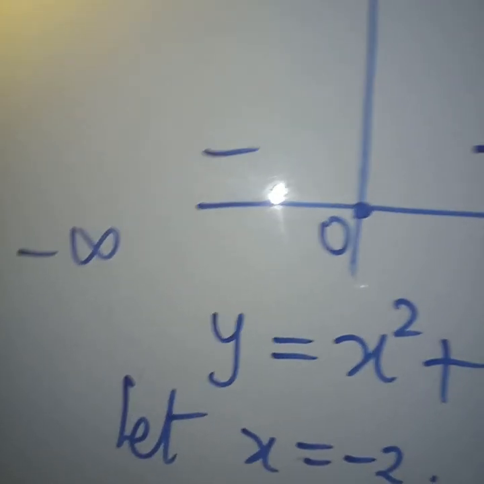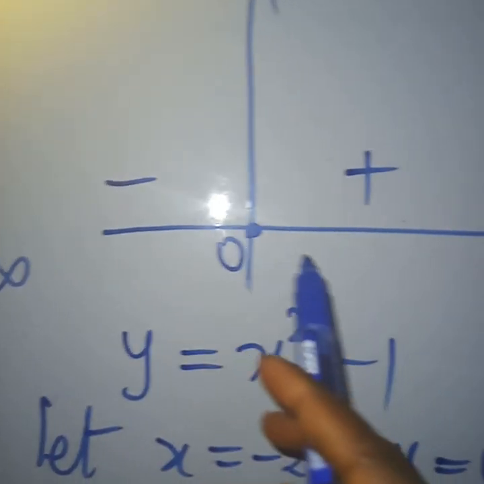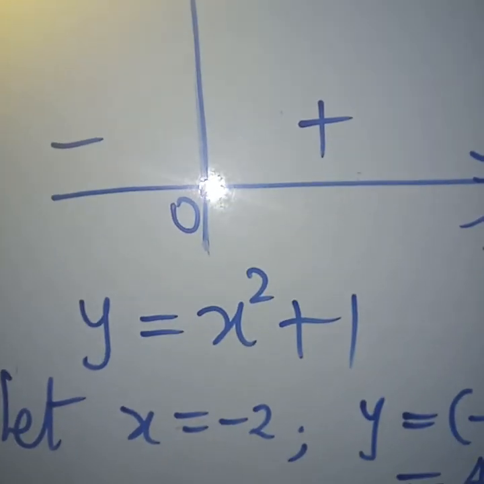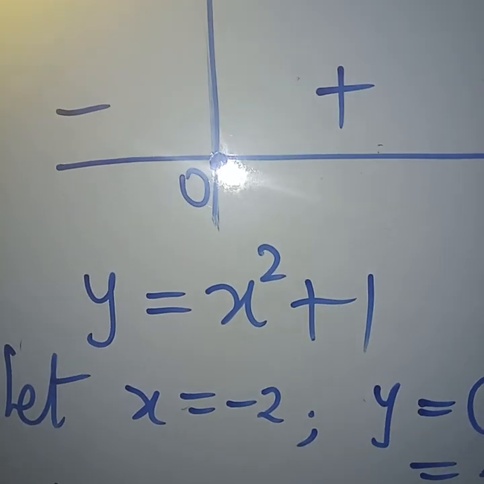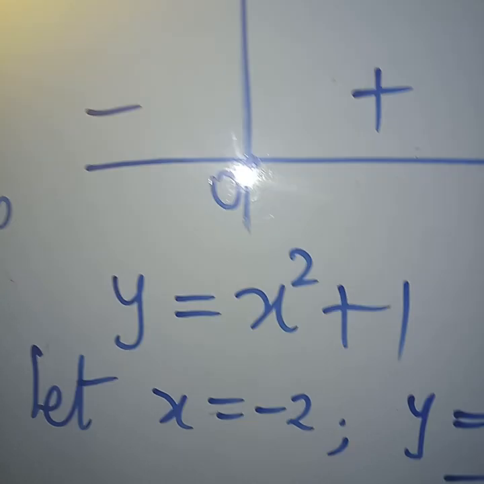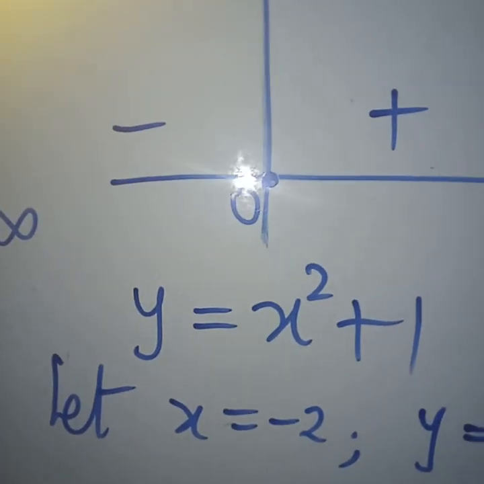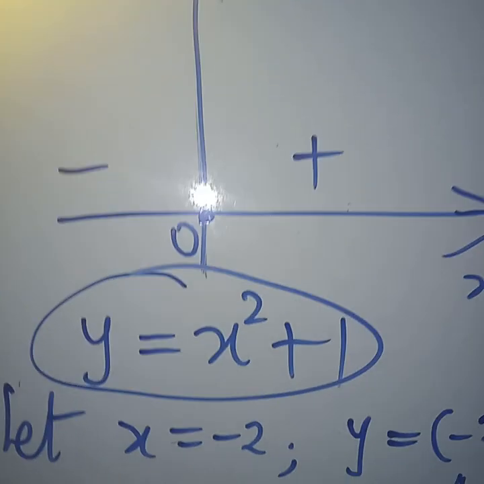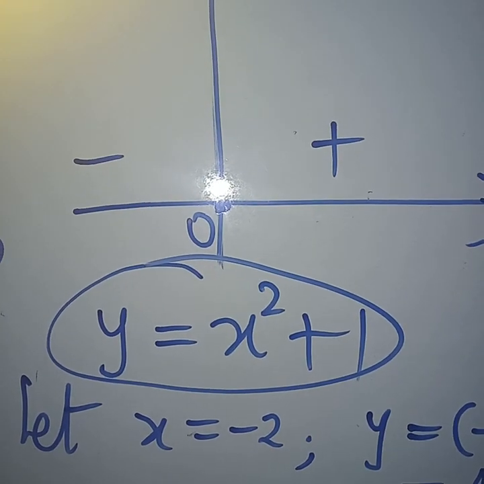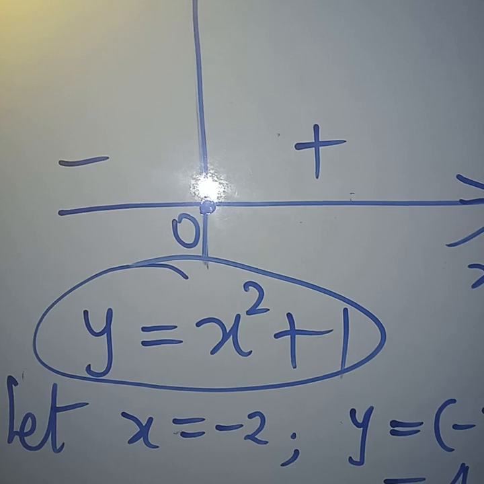So this means that whatever number we pick on this number line, there is usually a unique y. Since this condition holds for any x, we say this equation is a function. Okay, so we can also see another example.